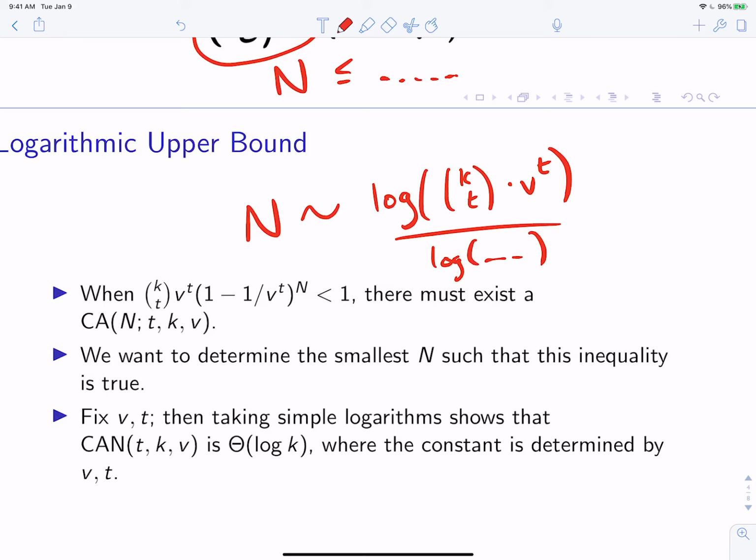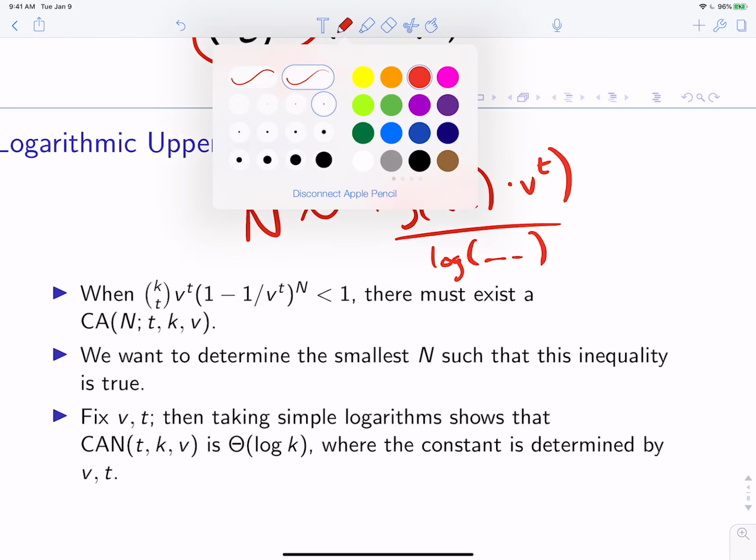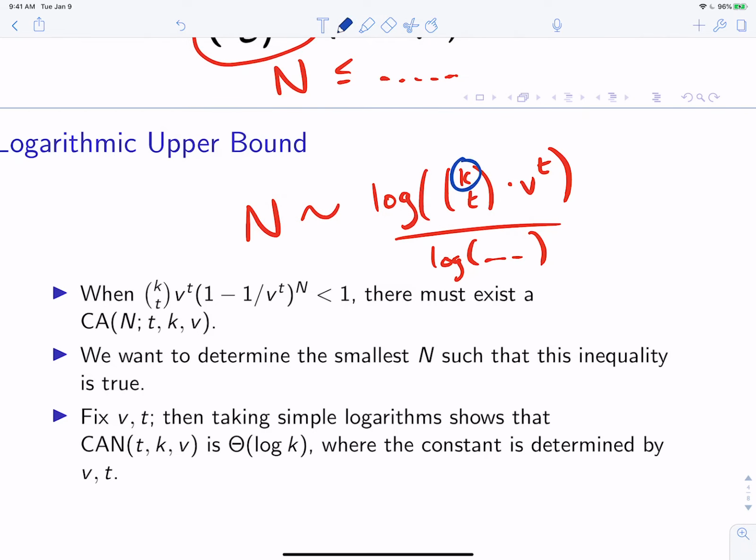But what I will tell you is that the k only lives up here. So the k is only in the upstairs, it's not in the denominator of the fraction. So how can we simplify this? If we have a log of something times something else, how does that simplify? Yeah, you just add them.